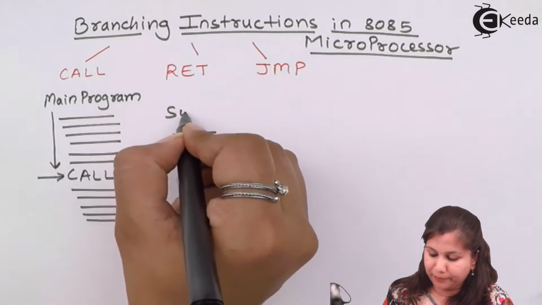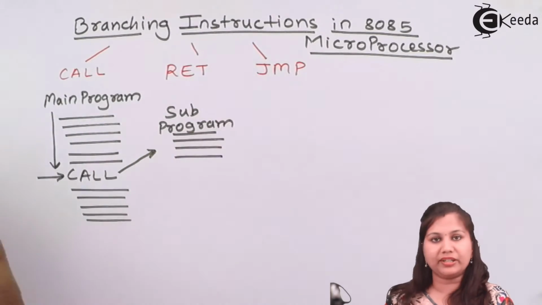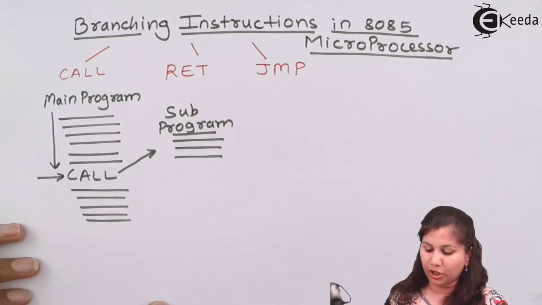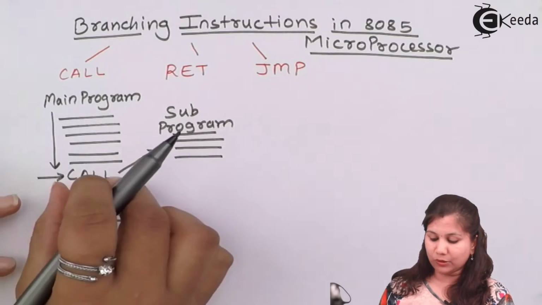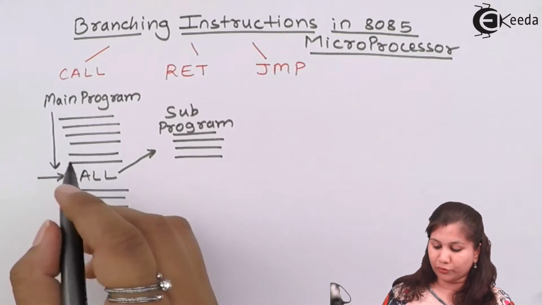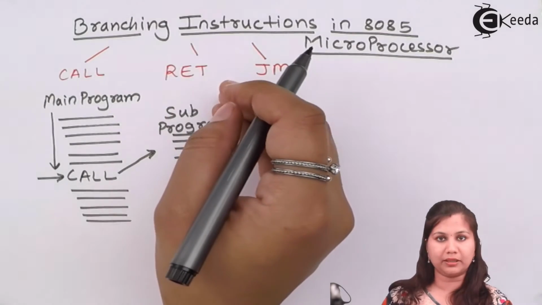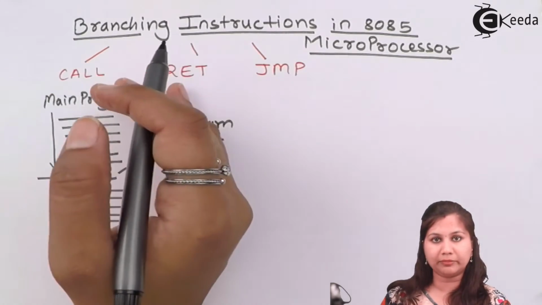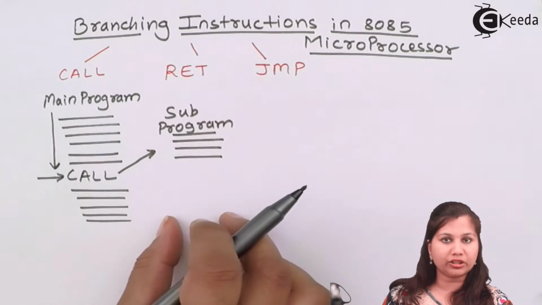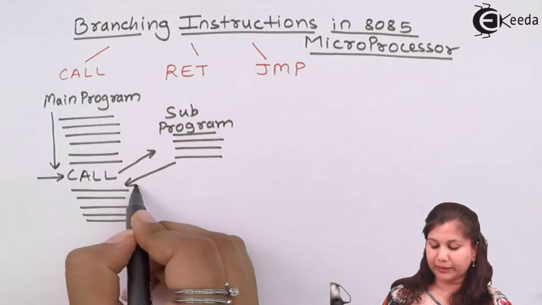and this is our sub program, and this sub program is written at some other memory locations other than the main program. Okay, so call means that it is calling that sub program to be executed by the microprocessor. So the microprocessor breaks its sequence and jumps to some other memory location where that sub program is written. It executes the instructions of that sub program and returns back to the main program.